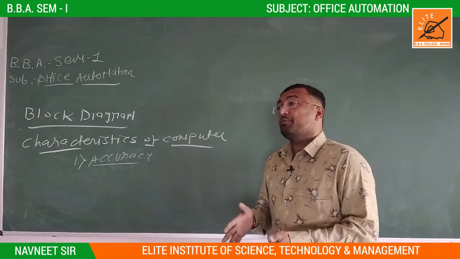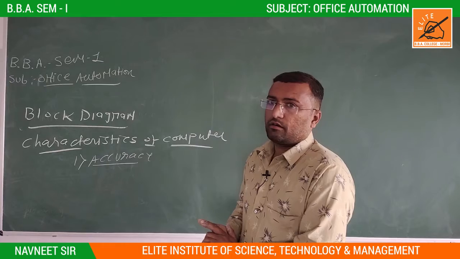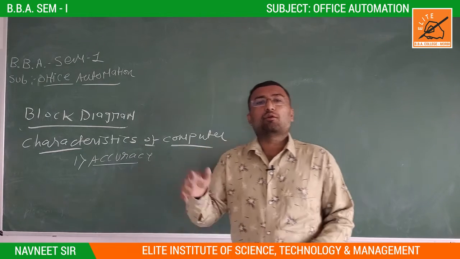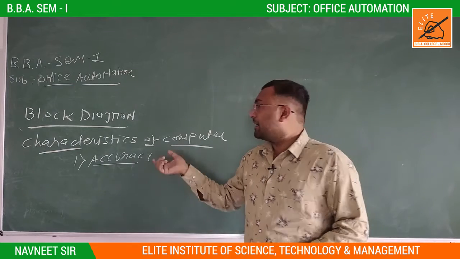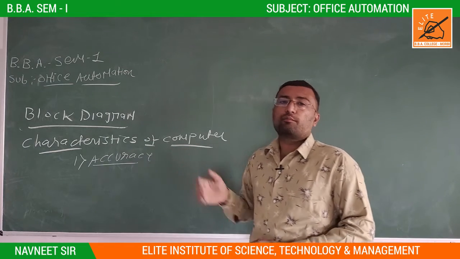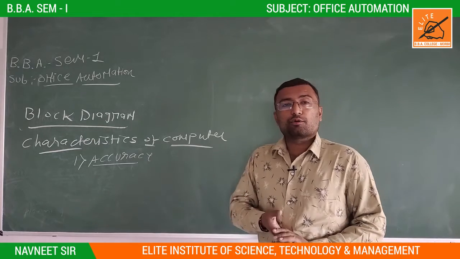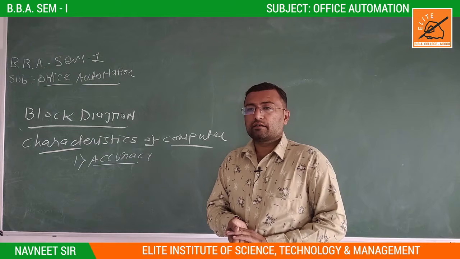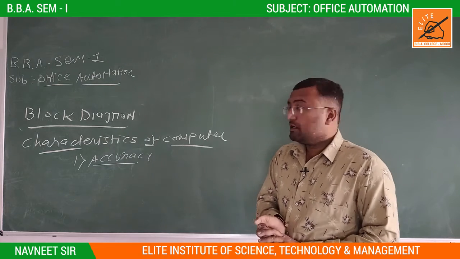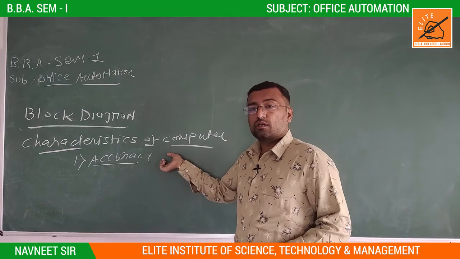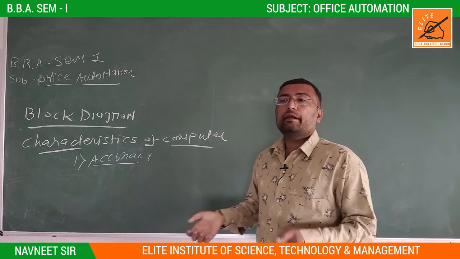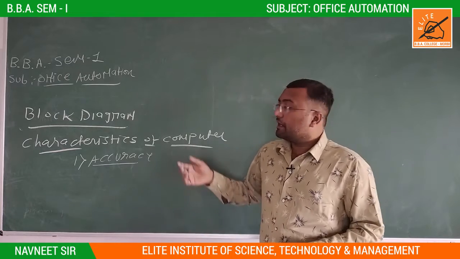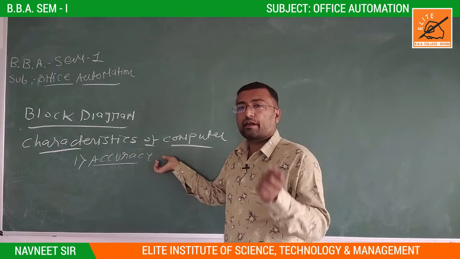When we provide accurate data, meaning the right input, it will perform the operation and give the result in an accurate format. Whatever data we provide, it performs the operation and provides the result. So accuracy is there. It can never fail or be wrong. It will always provide accurate data.